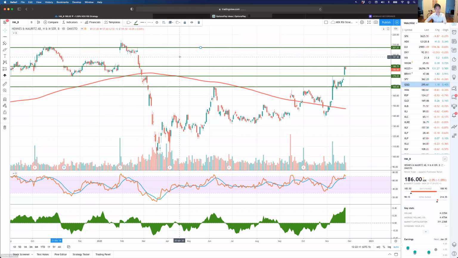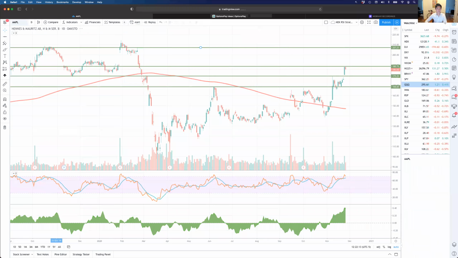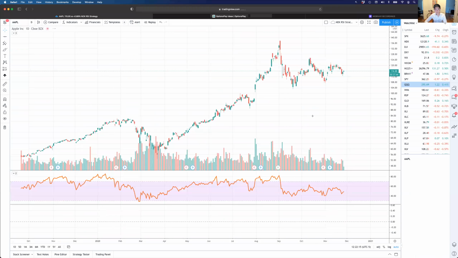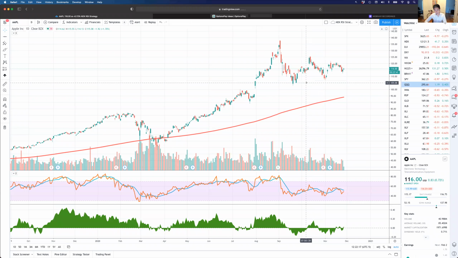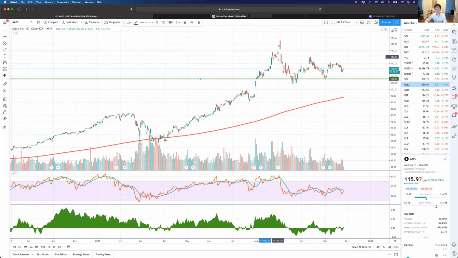So just to show you, for example, if we look at Apple, I can draw just as many levels here on Apple. We're talking about the most liquid, biggest stock here in the US. I would draw a line around here. I would draw a line maybe around here. I would probably draw a line around there.